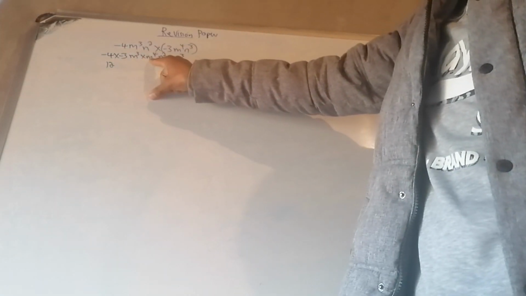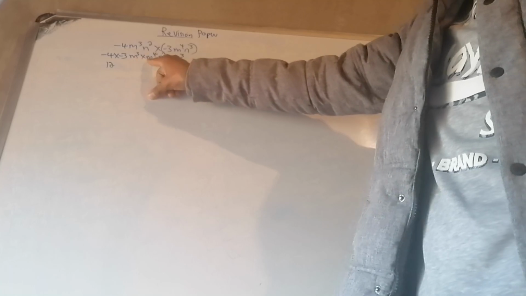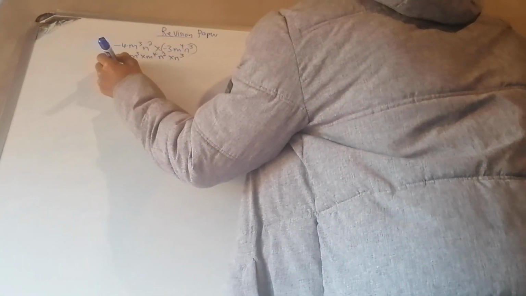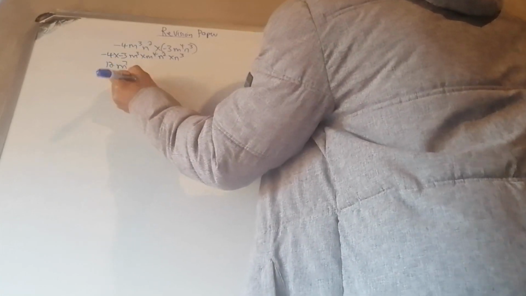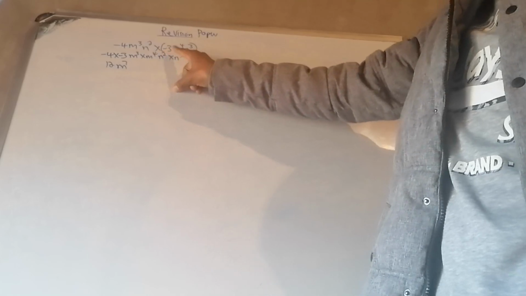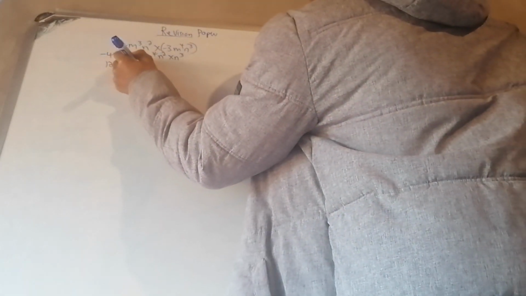M3 multiplied by M4: when I multiply numbers of the same base, I add the exponents, so M7. N squared multiplied by N cubed gives N5. And then you are completely done.